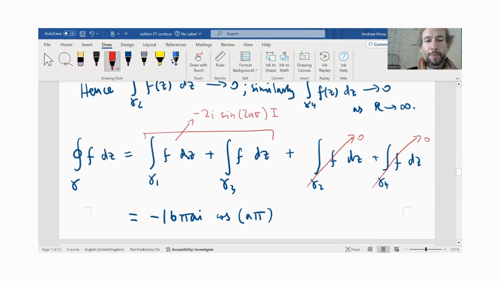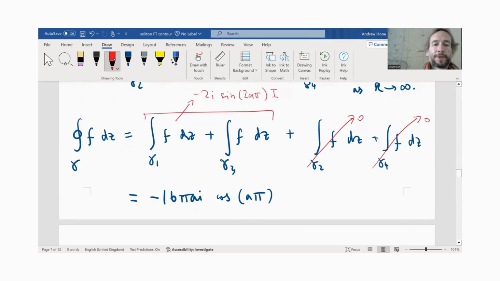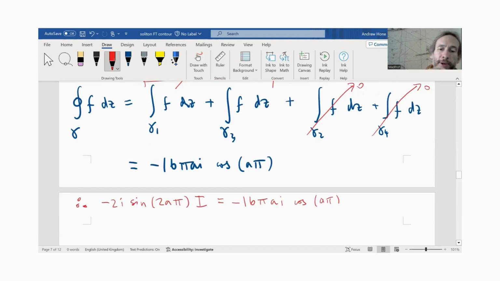Okay, so when we've taken the limit, we compare those two things, and what we get is that -2i sine 2a pi times the integral that we're interested in is -16 pi i a times cos a pi. Then we can cancel a few things.